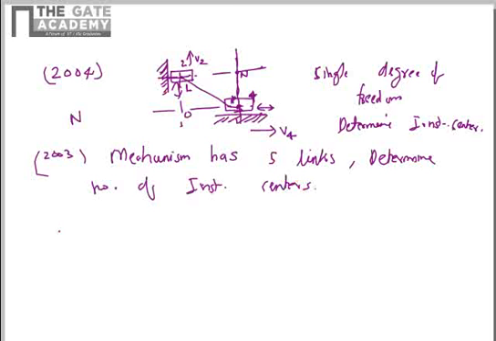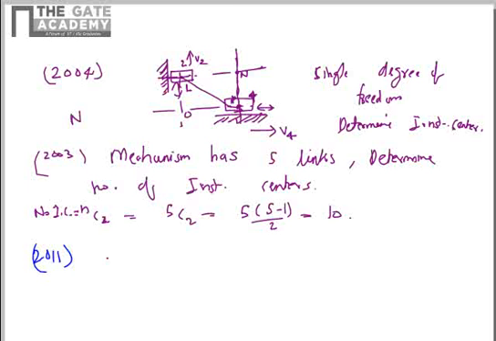We saw earlier that there will be one instantaneous center for every combination of two links, so the number of instantaneous centers is equal to NC2. In this case, N is 5, combination 2 links at a time, so 5 into 5 minus 1 by 2, which is equal to 10. So 10 instantaneous centers.